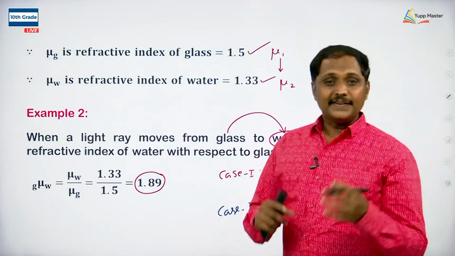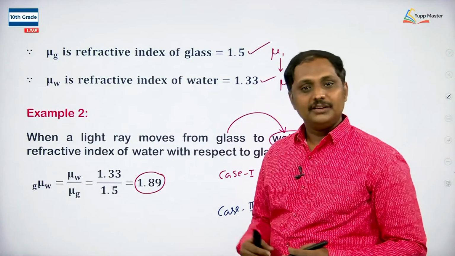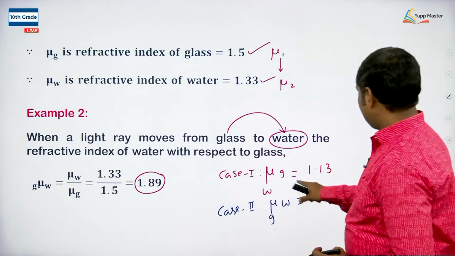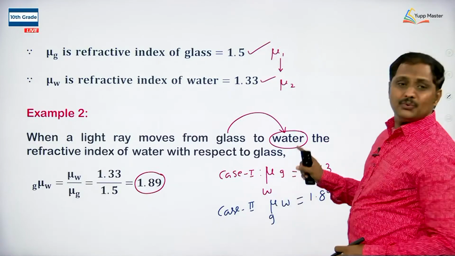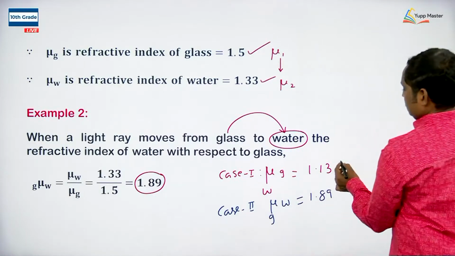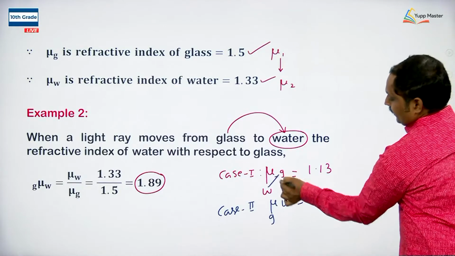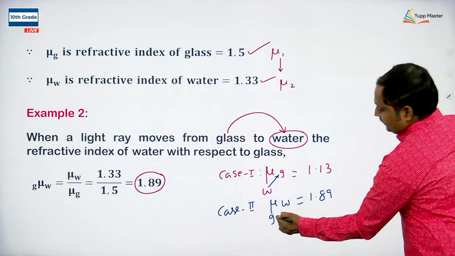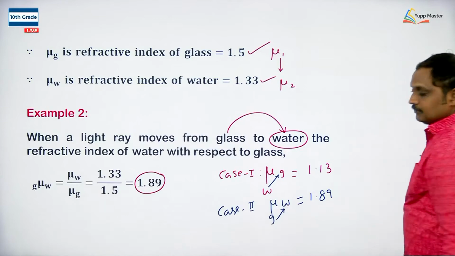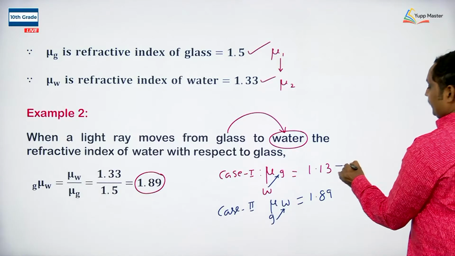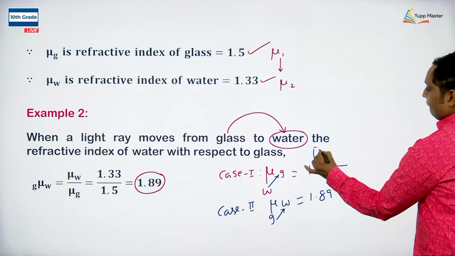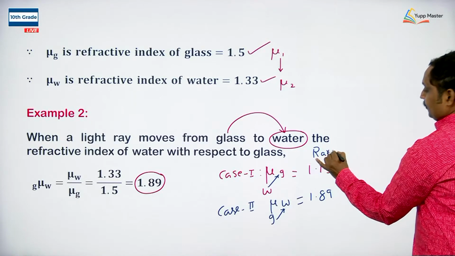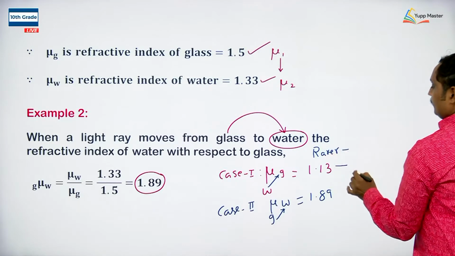In the two cases, what you have seen: light enters from water to glass, and light enters from glass to water. This is light entering from rarer to denser.